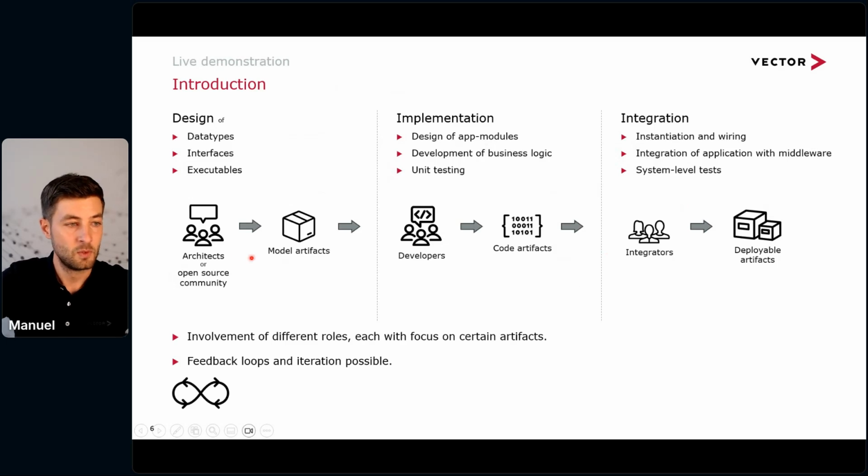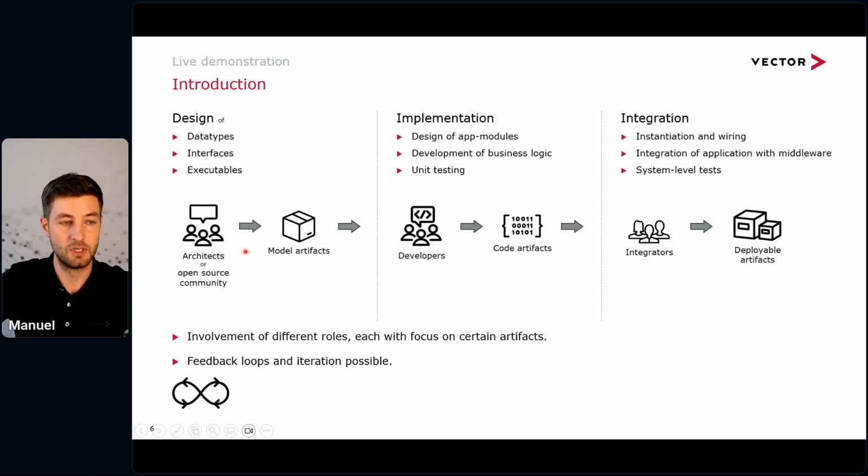So in the demo, I have illustrated it here. It's a straightforward flow, but it's important to state that this is not reality. So there will, in reality, be a lot of feedback loops. I don't know, developers are missing some data.